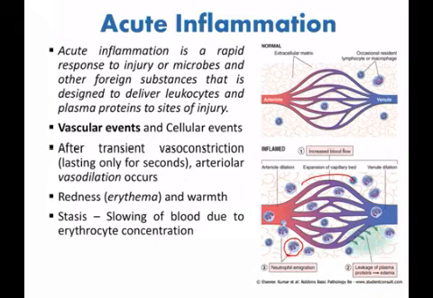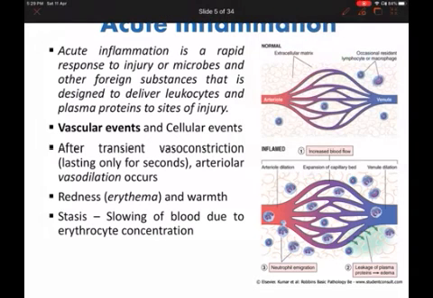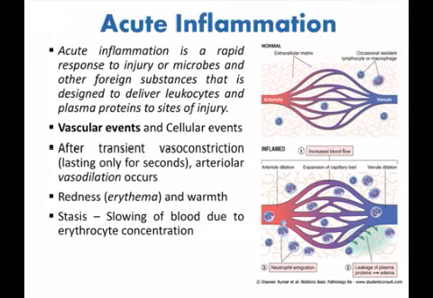All these responses of acute inflammation are either for repair or to inhibit the pathogenic migration towards the blood, or it inhibits the distribution of these pathogens into various parts of the body, right?